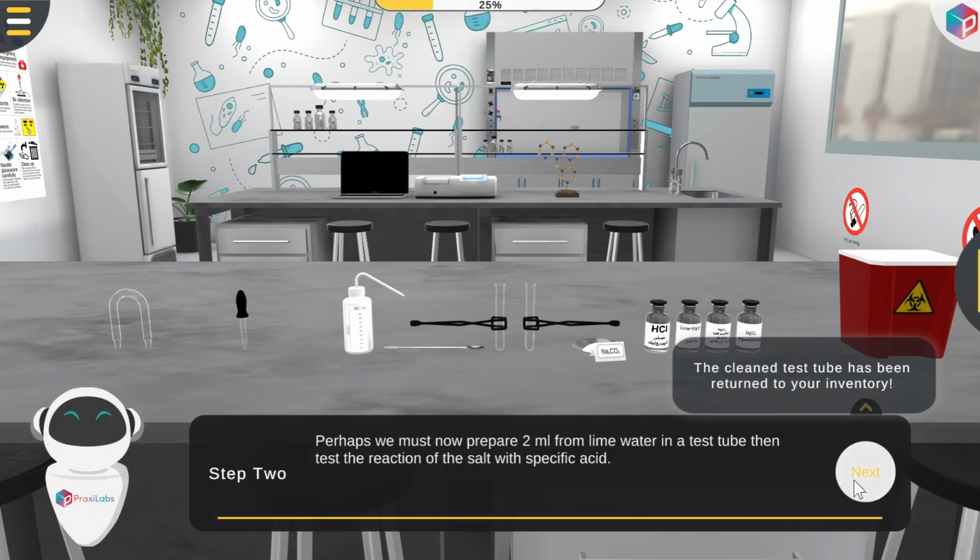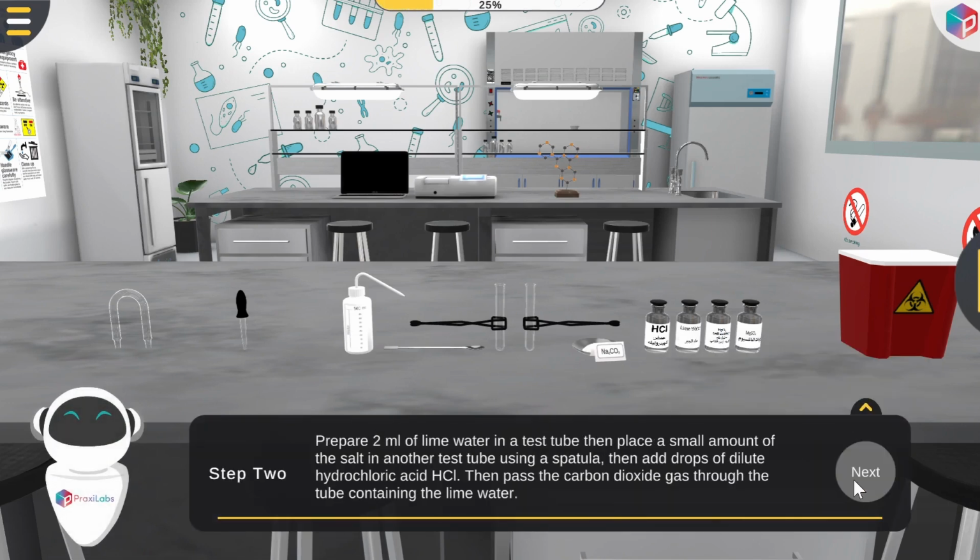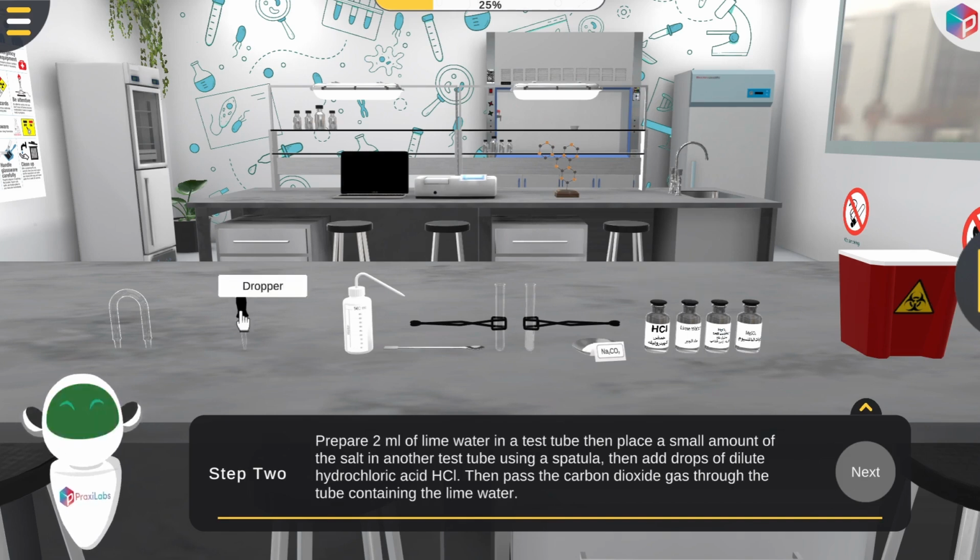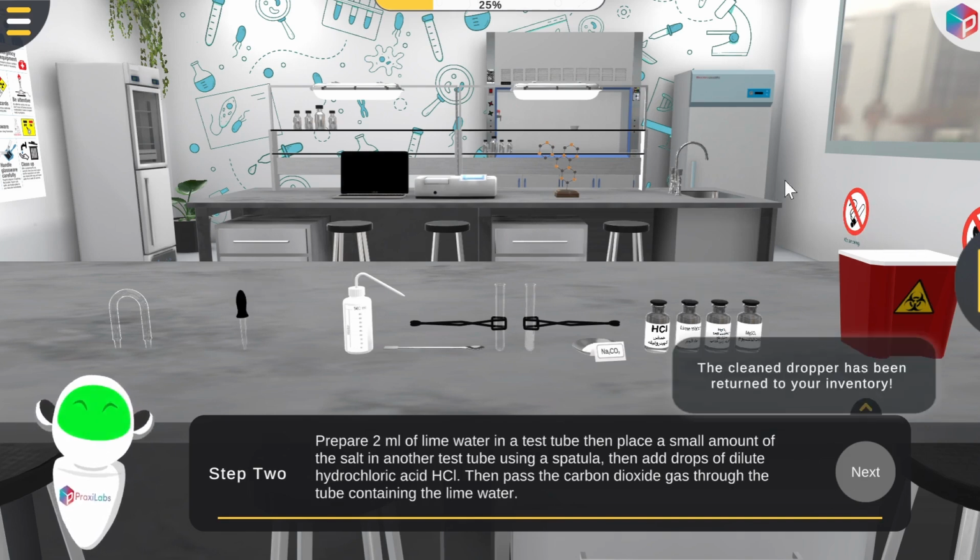Step 2. Next, we will test the reaction of the salt with dilute hydrochloric acid. This reaction should produce effervescence and the evolution of carbon dioxide gas, which can be tested by passing it through lime water. 1. Prepare 2 milliliters of lime water in a separate test tube. 2.